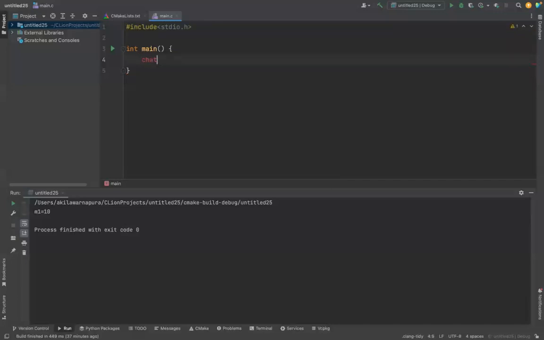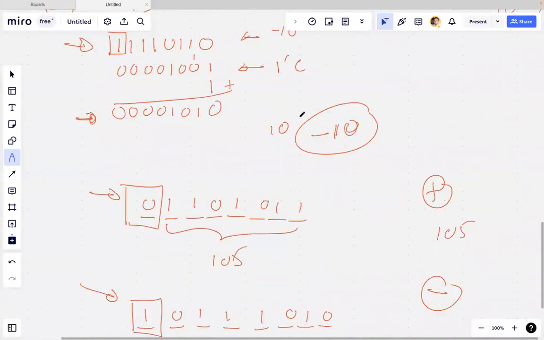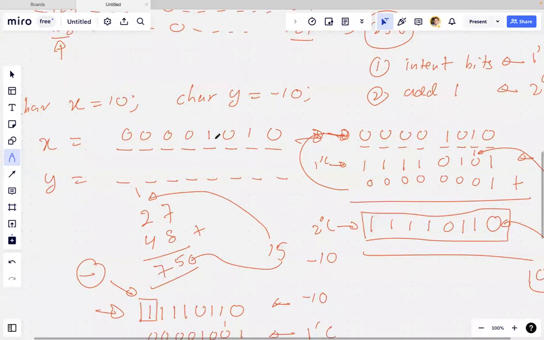Let's say I take a char value: char x is equal to 10. I will take the same example. 10 means 1 0 1 0.